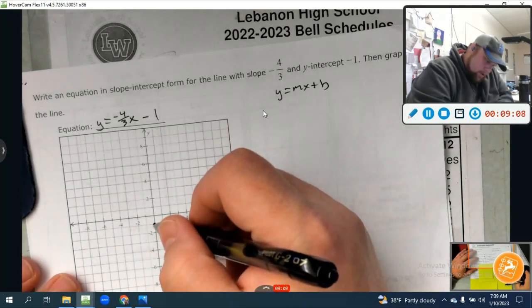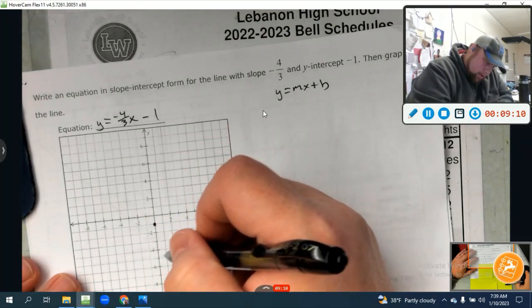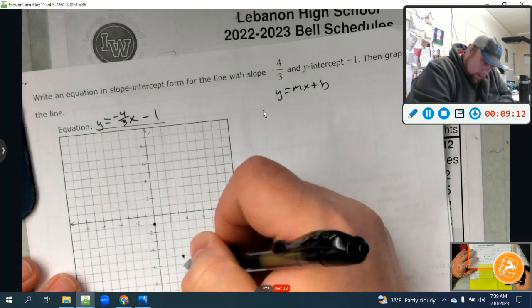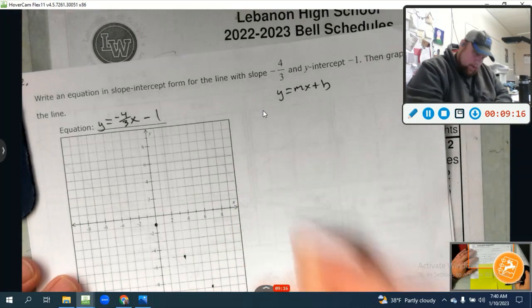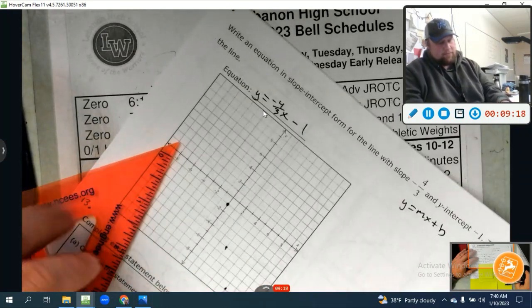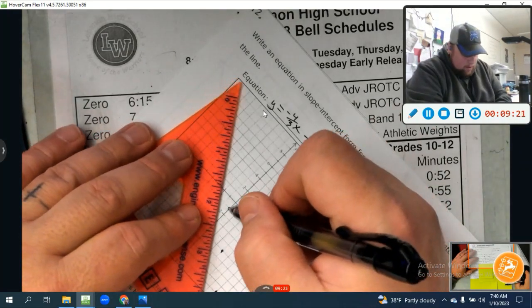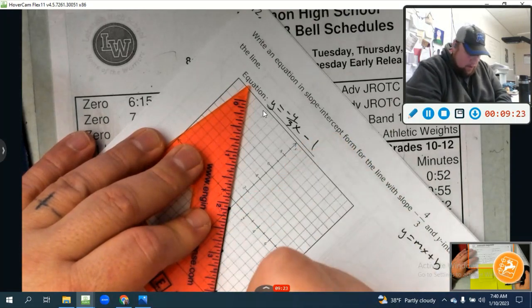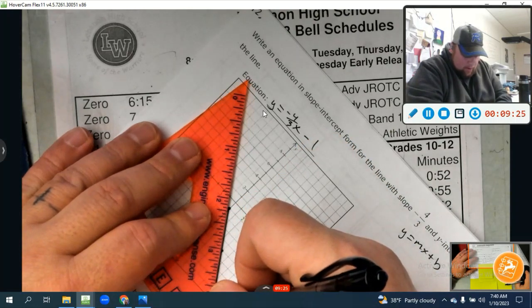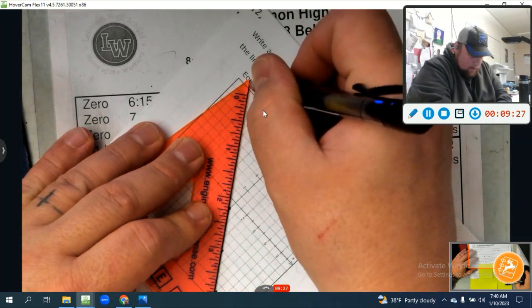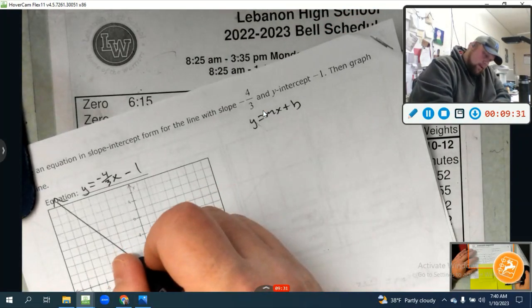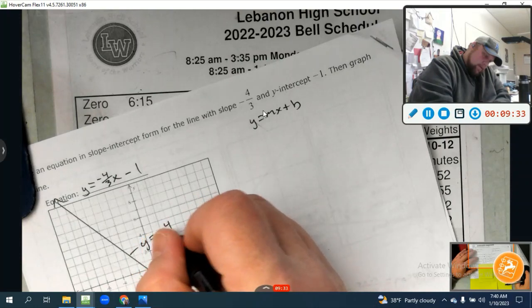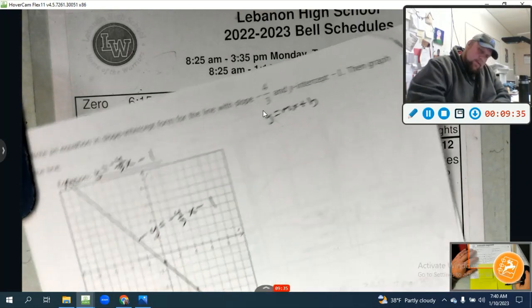And negative 4/3 goes down 4 over 3. Oh, look at that. That's a good one. That is y equals negative 4/3 x minus 1.